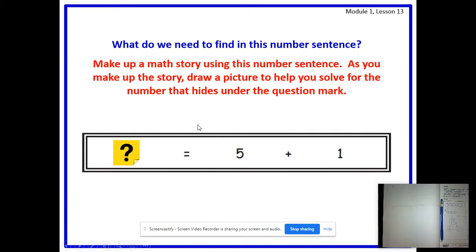So now, remember, you have to make up a math story using this number sentence. As you make up the story, draw the picture to help you solve for the number that hides under the question mark. So on your paper, you have to draw a picture that matches this number sentence on my screen. Make up a story. I'm going to give you a few minutes to think about your story and draw it out.